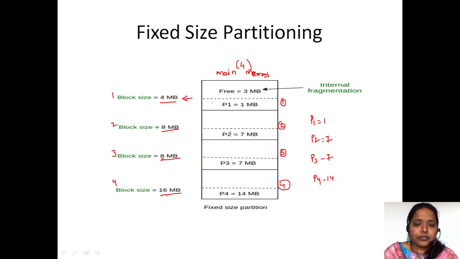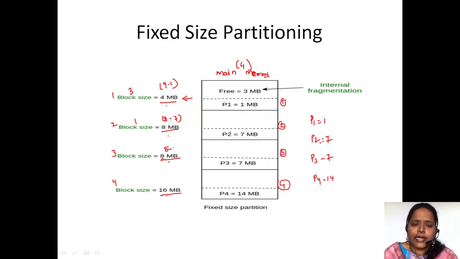P1 needs 1 MB, but how much block size is there for P1? 4. That means 4 minus 1, 3 MB left. P2 has an 8 MB block partition, but P2 needs only 7. That means 8 minus 7, 1 MB is left over. P3 block is 8 MB and P3 needs 7 MB.